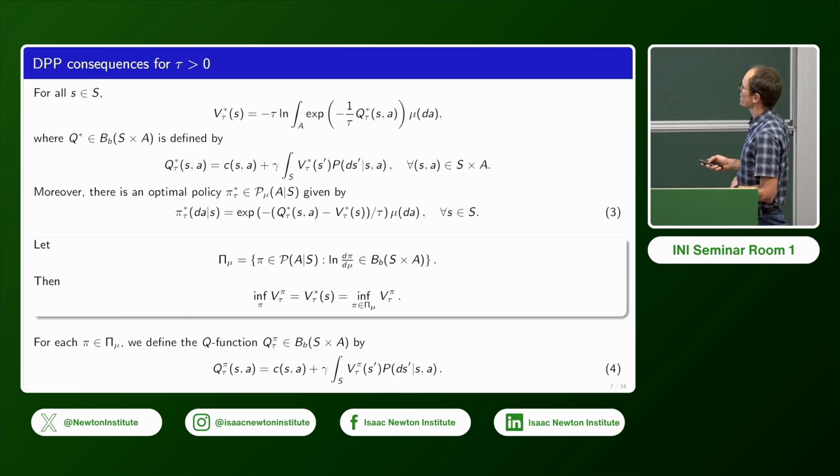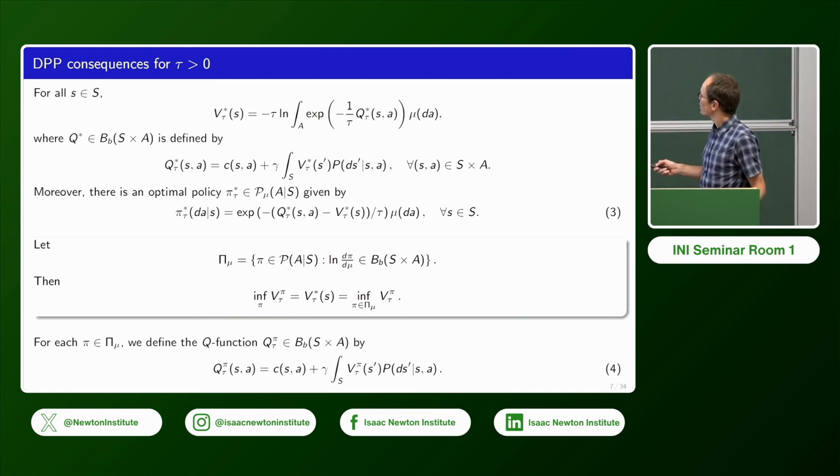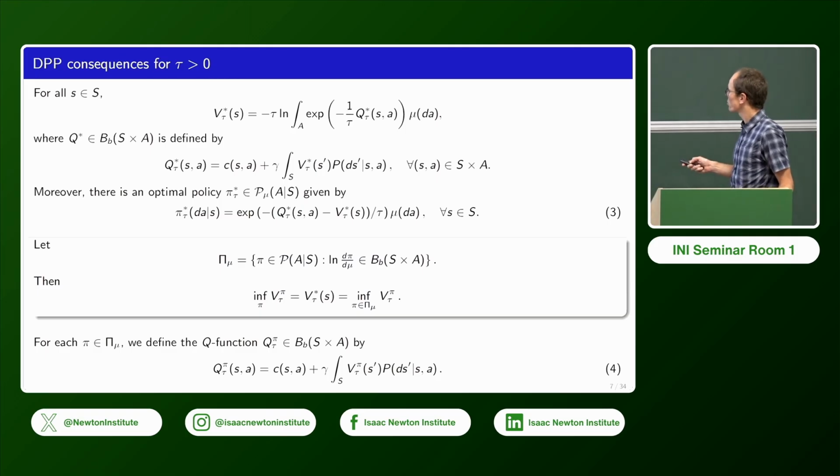Based on that, we can define the optimal Q function. But the main point is that because of the entropy regularization, I also know the form of the optimal policy, and I know that it's exactly e to the minus (Q star minus V star) scaled by tau. In particular, if you assume that your cost function is bounded, then Q star and V star will also be bounded.